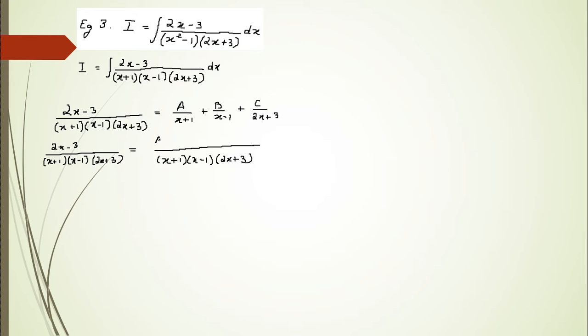In the numerator I'll get a into, since x plus 1 is already here, x minus 1 into 2x plus 3, plus b into, since I've already got x minus 1, x plus 1 into 2x plus 3, plus c into, since 2x plus 3 is already there, x plus 1 into x minus 1.